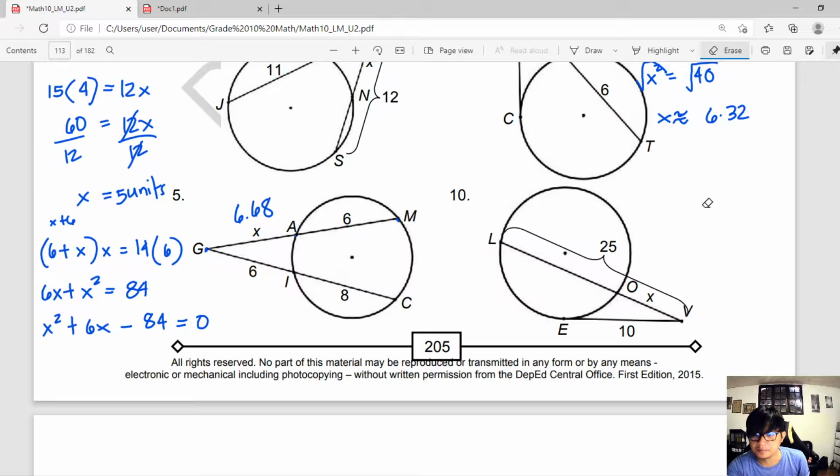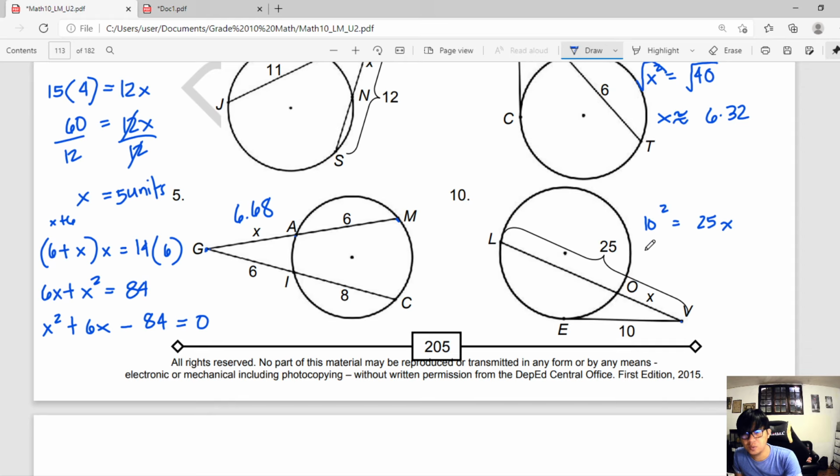Sige, ganito. Ito pala. So we have the measure of this one is 10. Tapos square natin is equal to, ito palang L to V, the measure of that is 25. So no need to add x. Instead, mag-multiply na tayo ng x dyan.